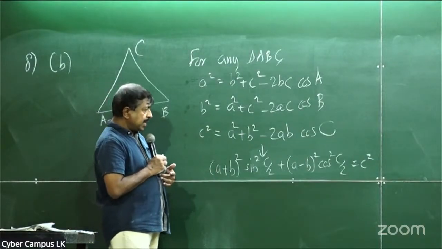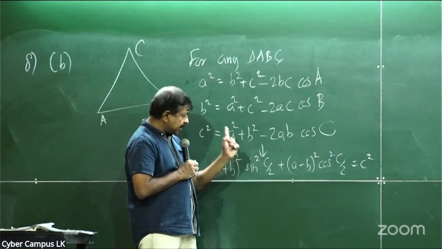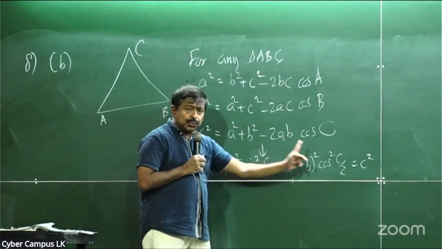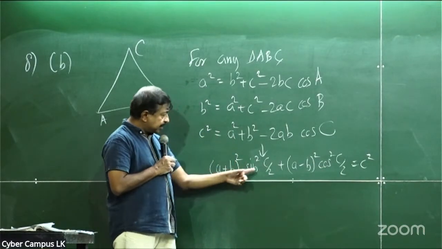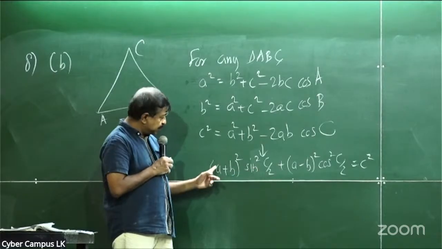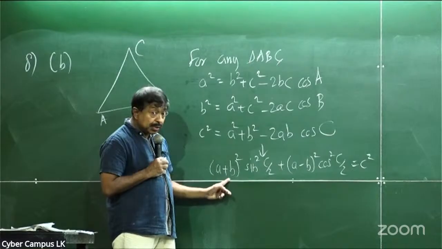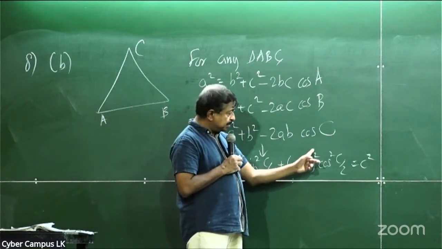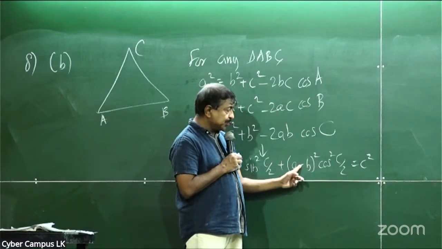Now, on the other hand, if we expand this, every term carries either sine squared or cosine squared. There are 3 terms carrying sine squared, because if you expand this, you get a squared plus b squared minus 2ab. Here you have a squared, plus 2ab. Here you have a squared plus b squared minus 2ab.